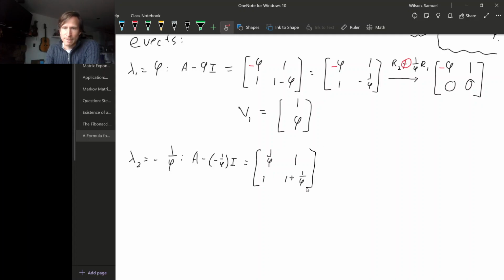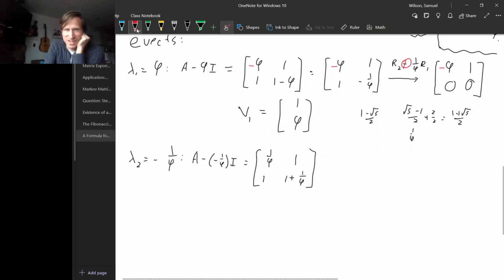And 1 plus 1 over phi: right, 1 minus root 5 over 2, that's negative 1 over phi. So plus 1 over phi is root 5 minus 1 over 2. So here's 1 over phi. Now let's add 1 to this, so add 2 over 2. And what we get is 1 plus root 5 over 2. So this bottom right entry here is actually just phi.